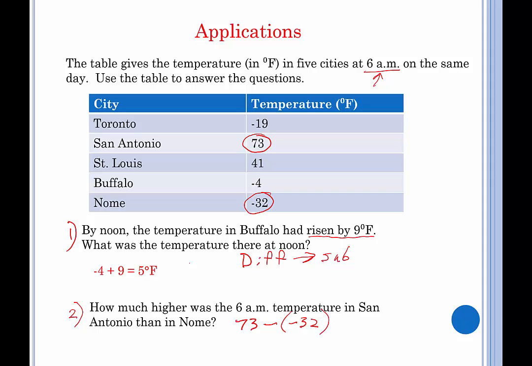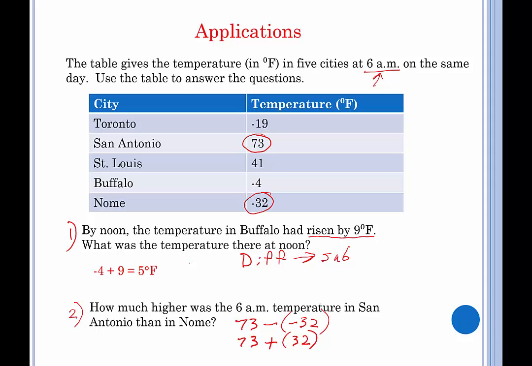Now, our situation calls for subtraction, but our rule says that when we are subtracting, we want to actually change that to addition. We keep the first one the same, and we change the operation behind it to addition, and we change the sign behind that to a positive.